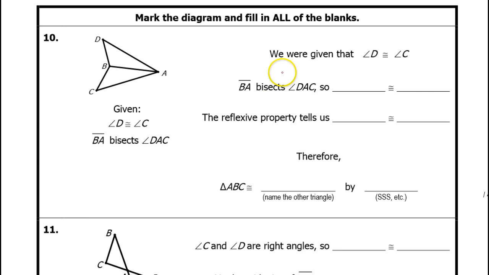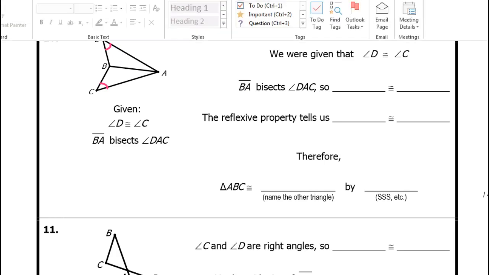For number 10, we are given that angle D is congruent to angle C. So let's mark that. We are also given that segment BA bisects angle DAC. All right, so be careful. So we're bisecting angle DAC.